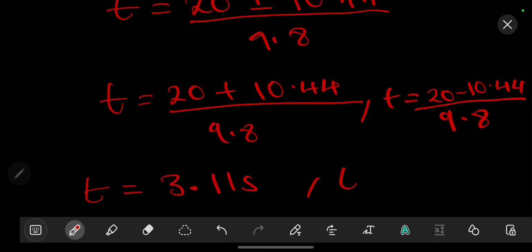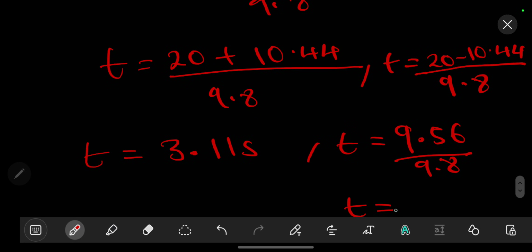For the other one, t is equal to 20 minus 10.44, which gives us 9.56. We divide by 9.8, so 9.56 divided by 9.8 gives us a value of 0.98 seconds.